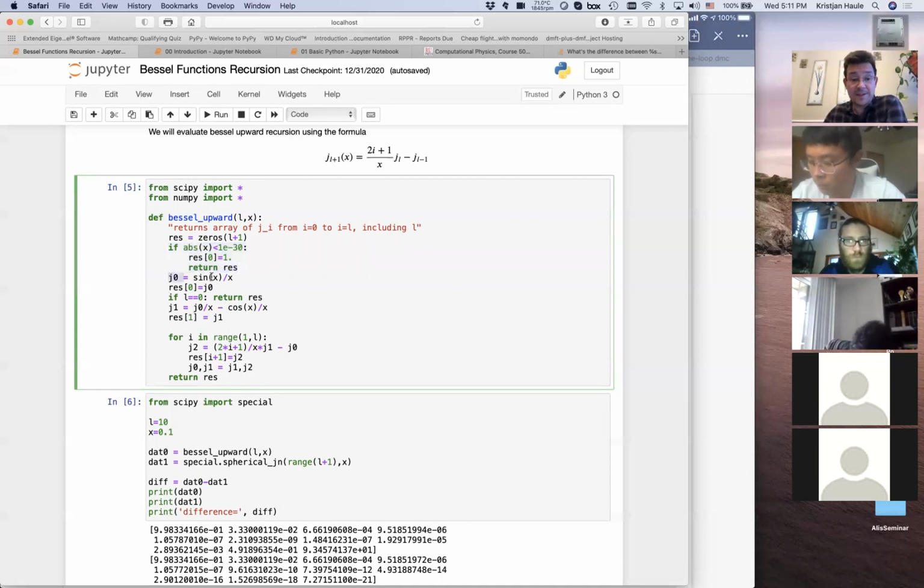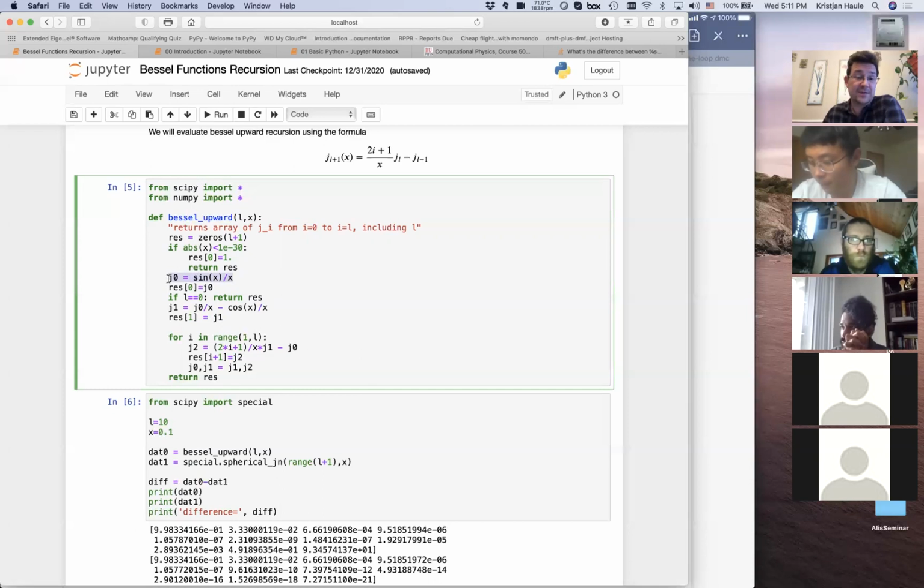Okay, now if x is not so small, then we can evaluate J0. You see that if we didn't take care of the special case when x is very small before, we would have an issue even evaluating J0, isn't it? Because we're dividing 0 by 0, basically. 0 by 0 is indeterminate, ill-determined.